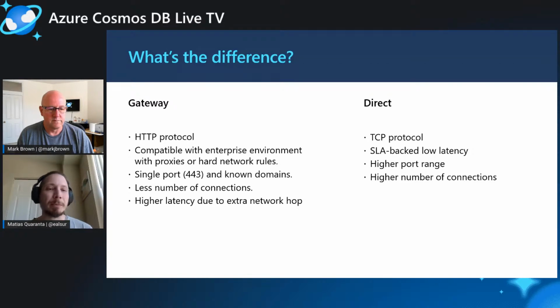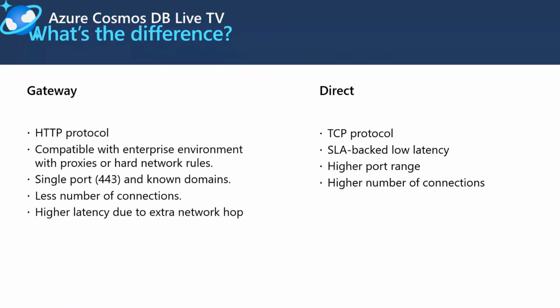Gateway mode is more compatible with enterprise environments that have proxies or hard network rules where you can only open a very limited subset of ports, and where you are limited in terms of the URLs or endpoints that your application can connect to.